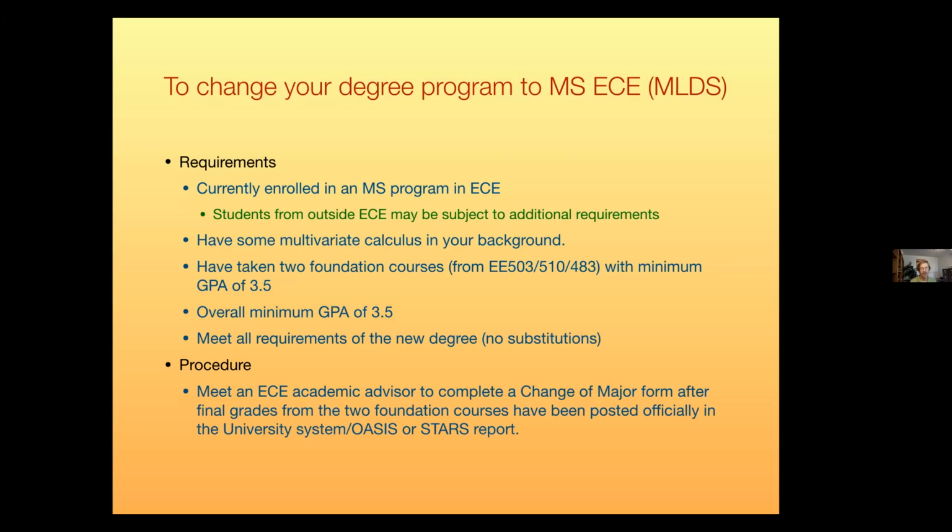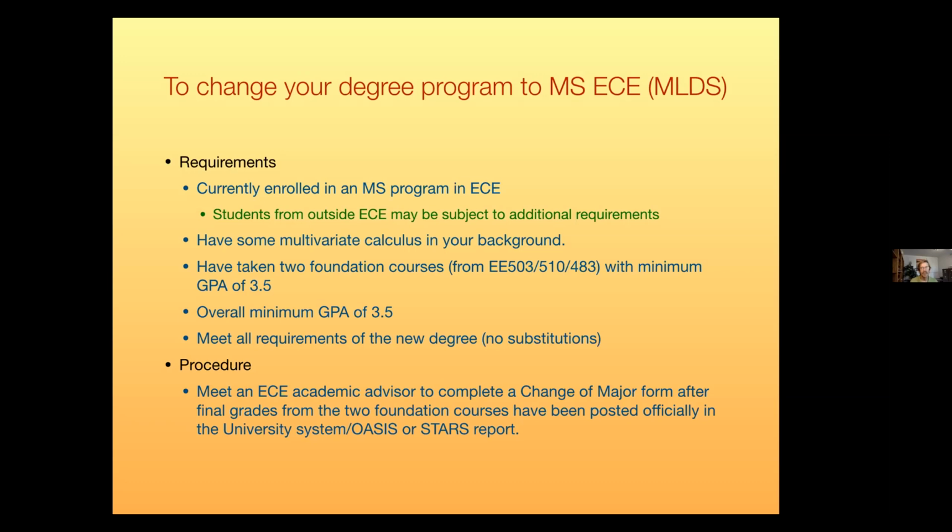And if you're outside that department, there might be additional requirements to what's listed here. You need to have some multivariate calculus in your background. You must have taken at least 2 of these 3 foundation courses, 483, 503, and 510, and have a minimum GPA on those 2 courses of 3.5. You must also have an overall minimum GPA of 3.5.